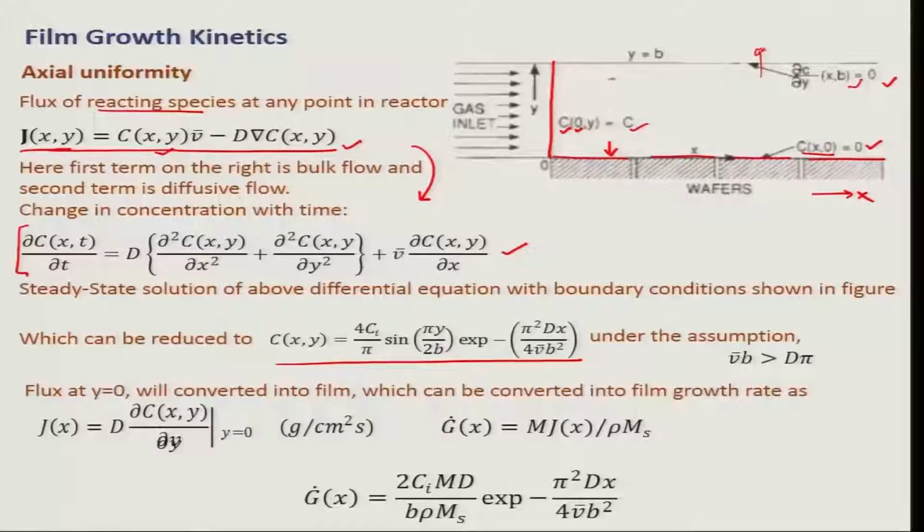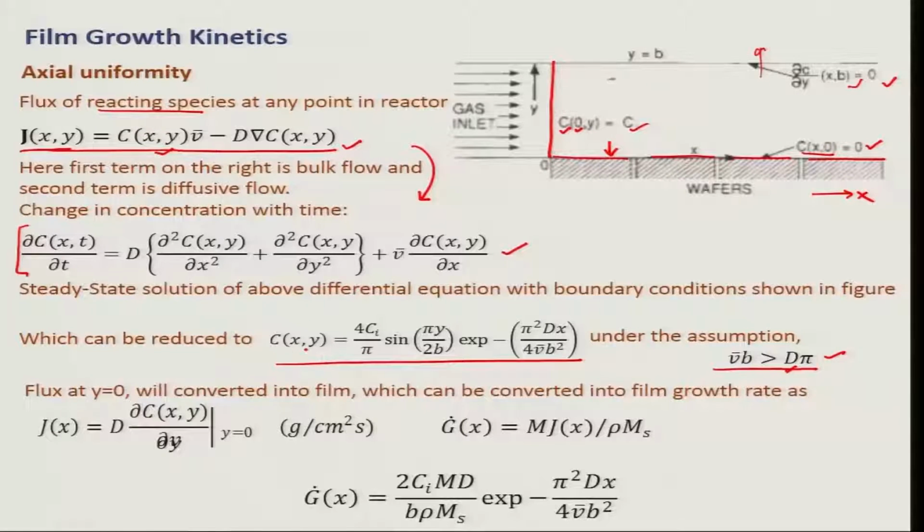So, these are my boundary conditions, and if we solve this partial differential equation with these boundary conditions and under the assumption that the velocity is constant and the diffusion constant is constant, which are valid assumptions, we get this distribution of concentration in x and y.